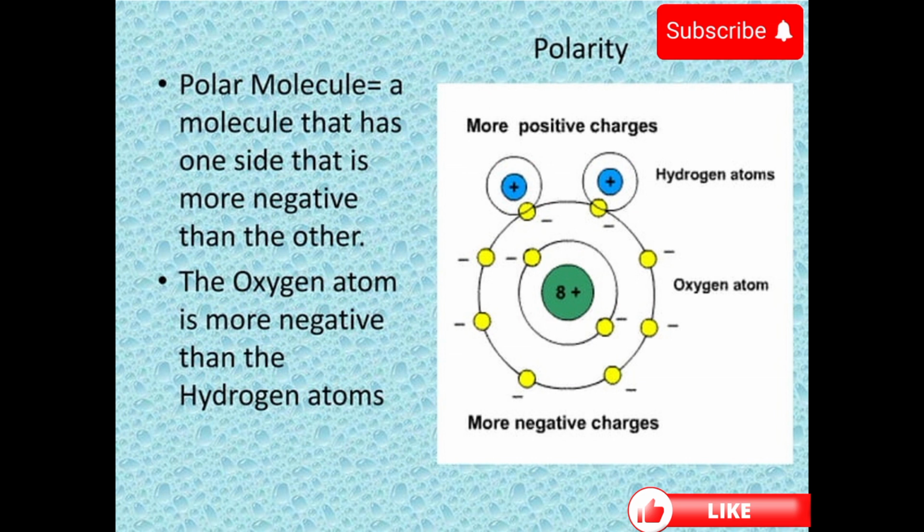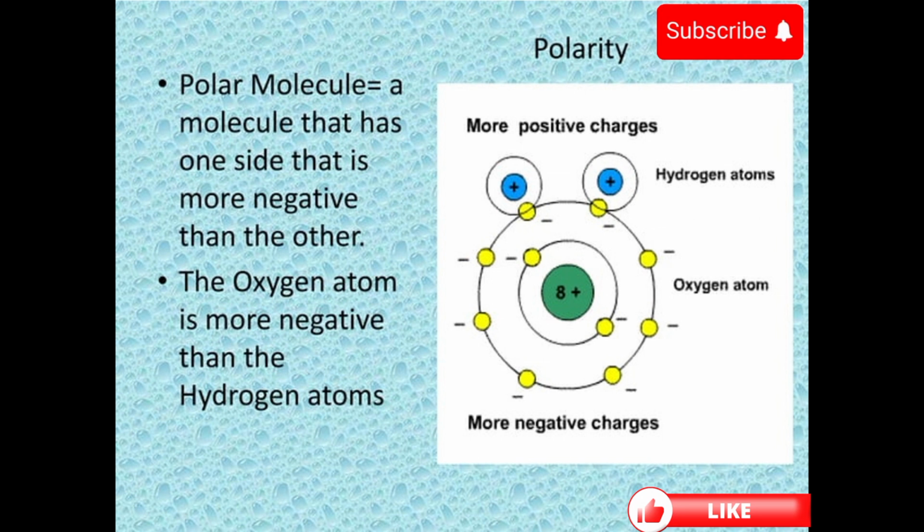Polarity of water. A polar molecule is a molecule that has one side that is more negative than the other. The oxygen atom is more negative than the hydrogen atom. So a partial positive charge is present on the hydrogen atom and a partial negative charge is present on the oxygen atom.